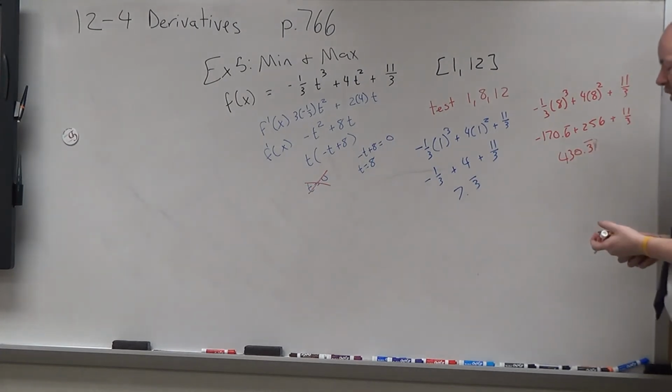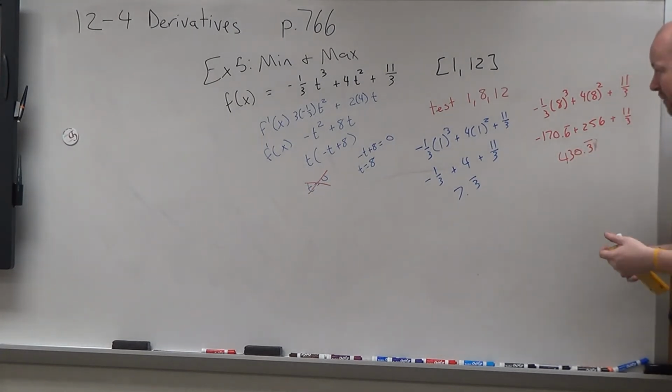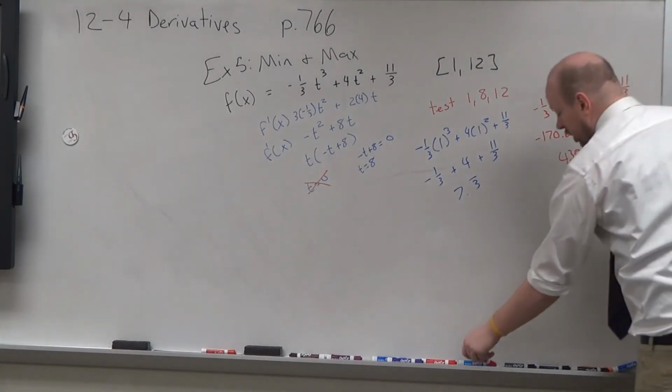So I can already tell that 7.3 repeating is naturally not going to be my maximum, but it still could be my minimum.